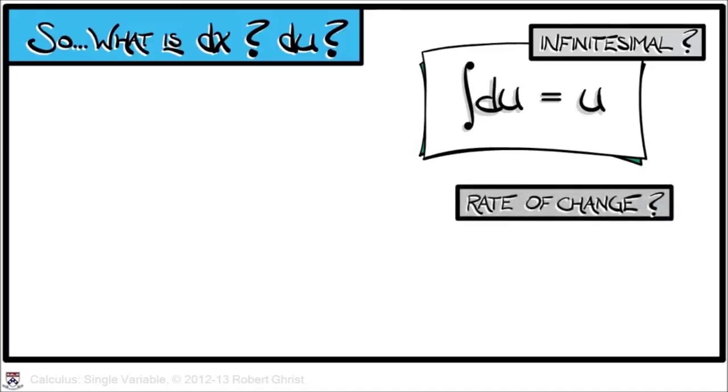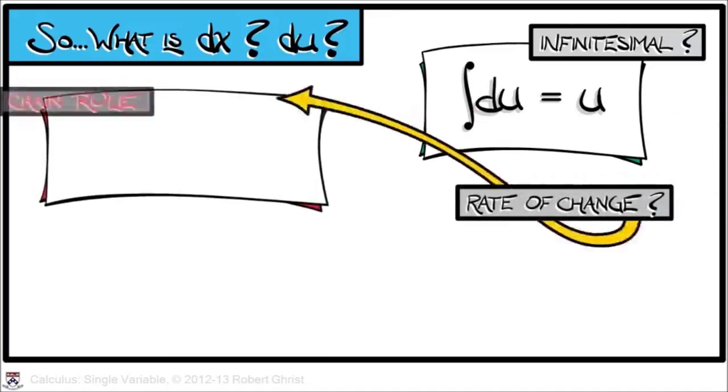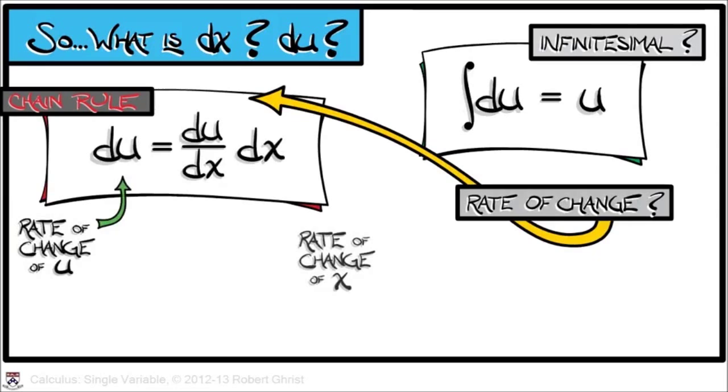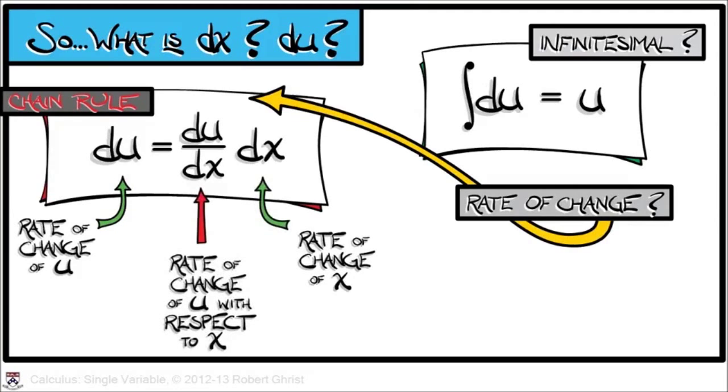Maybe they connote a rate of change, so that, according to the chain rule, du and dx are related by du/dx, meaning that if du connotes the rate of change of u and dx the rate of change of x, then they are related by du/dx, the rate of change of u with respect to x.